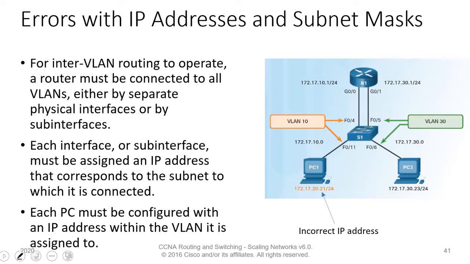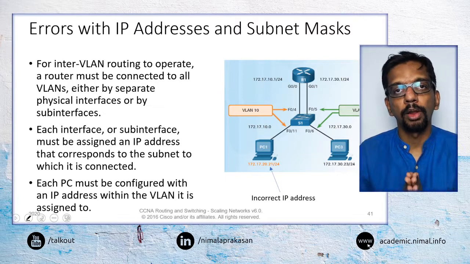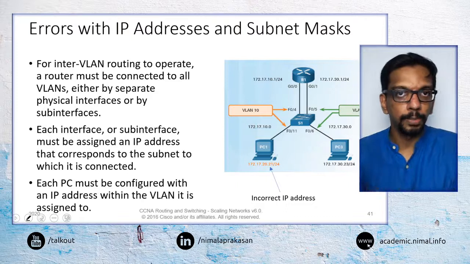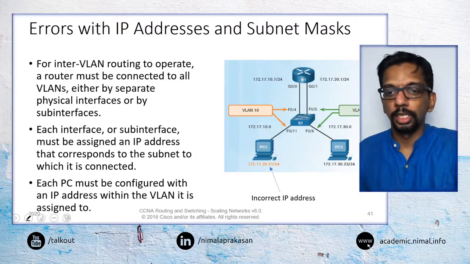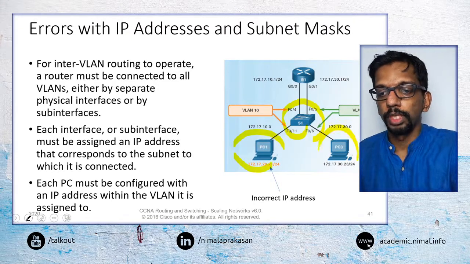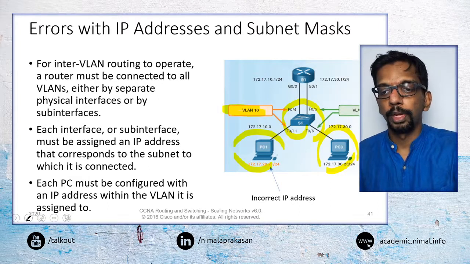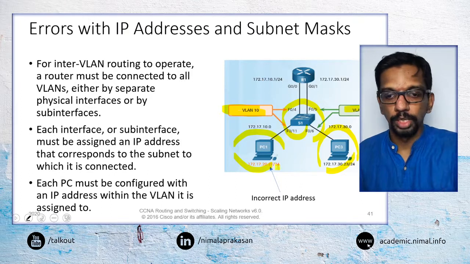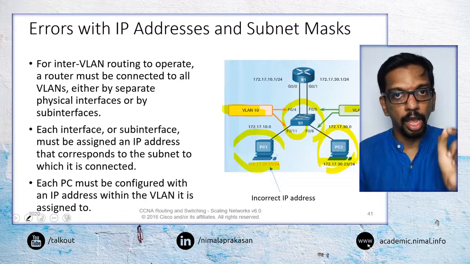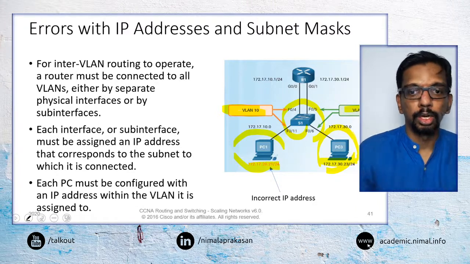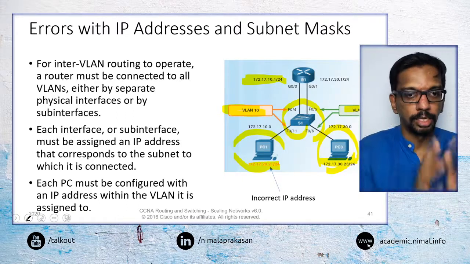Then another problem, which can sometimes be seen as a silly problem but can happen a lot, is about IP addresses and subnet masks that are being assigned to hosts. Even though both of these devices are attached to the same switch, they belong to two separate VLANs. That also means they belong to two separate networks, and the IP addresses that we assign to a particular computer should belong to that particular sub-network.